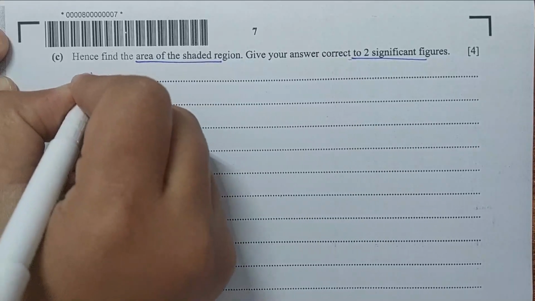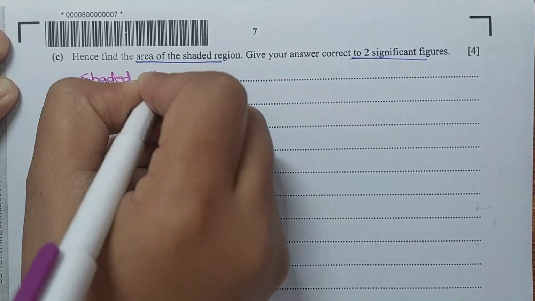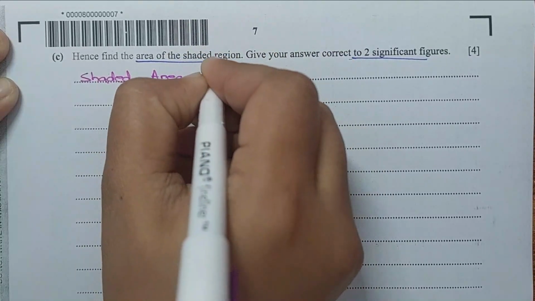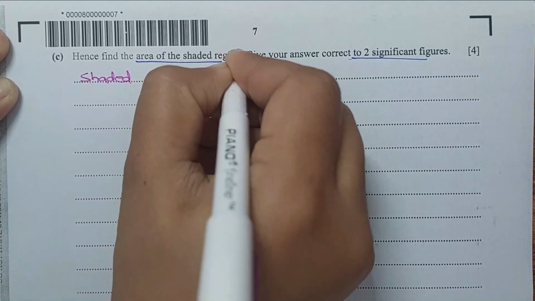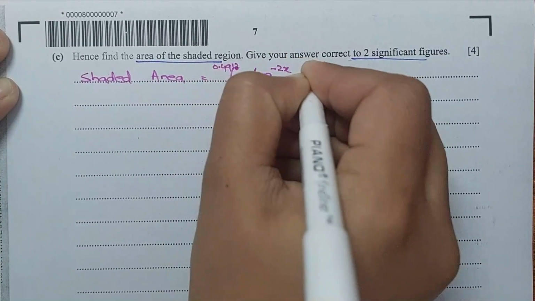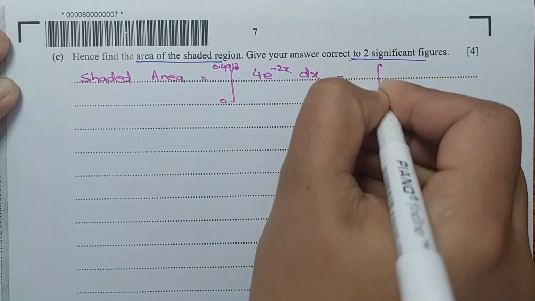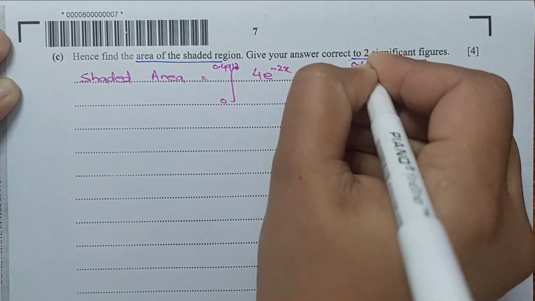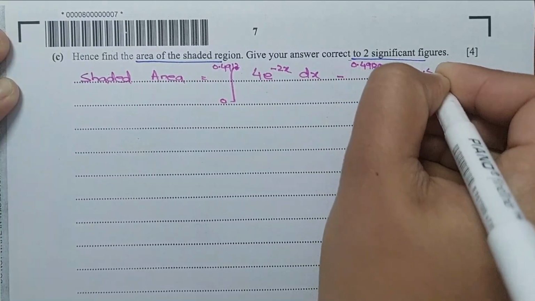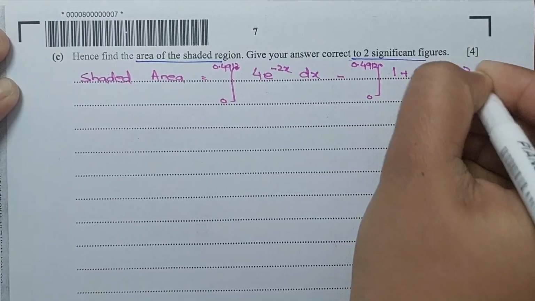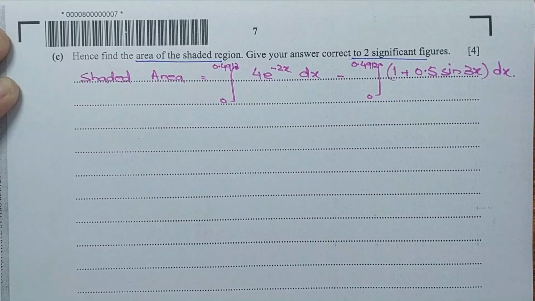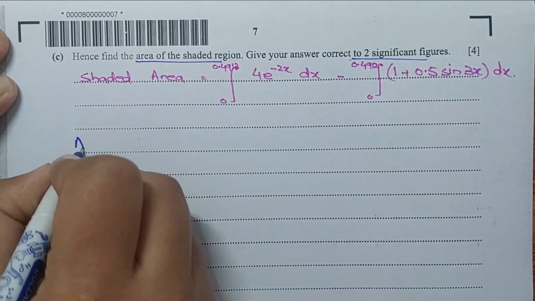So here we can say the shaded area is the integration from 0 to 0.4912 of the upper curve, 4 to the power minus 2x dx, minus the integration from 0 to 0.4912 of the lower curve, which is 1 plus 0.5 sine 3x dx. All right. So first we have to figure out the integration.